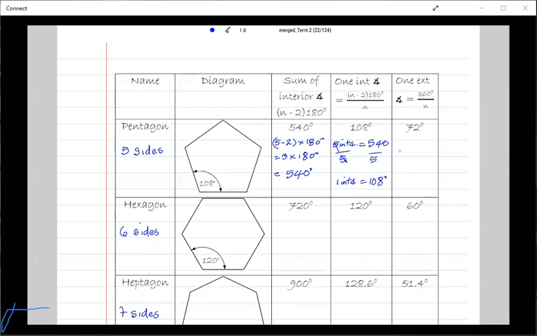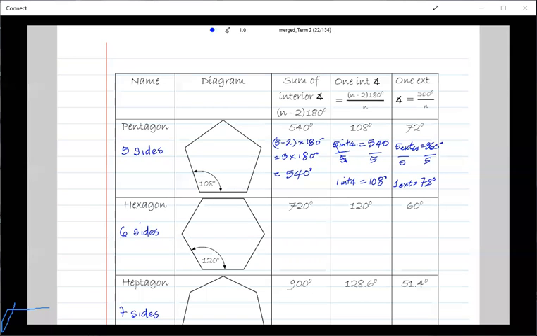Now, the sum of the exterior angles of all polygons is 360 degrees. So the 5 of these angles must add up to what? 360. Divide both sides by 5, and we get 1 exterior angle is equal to 72 degrees.